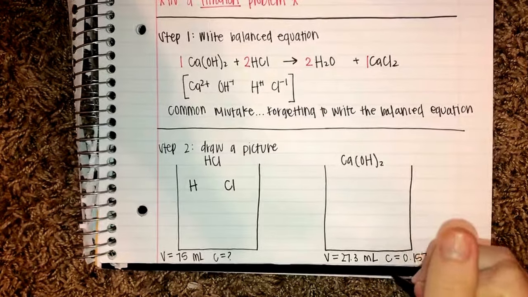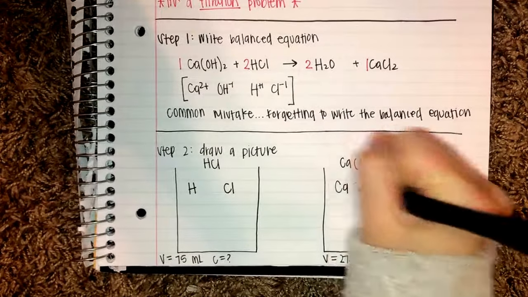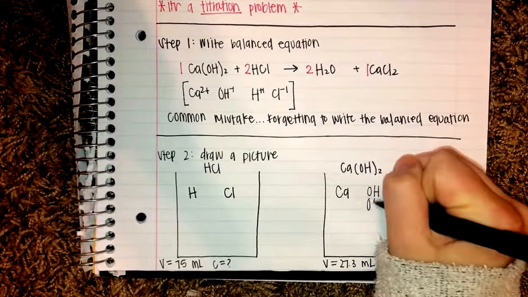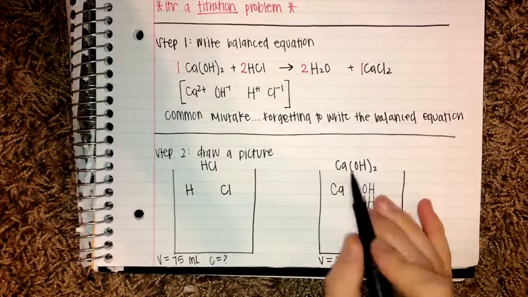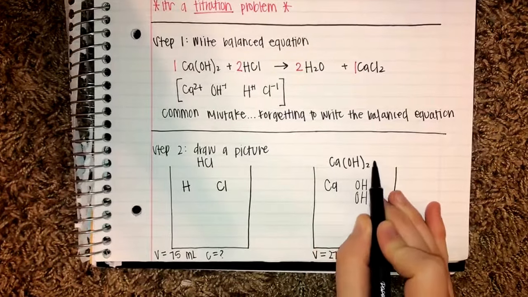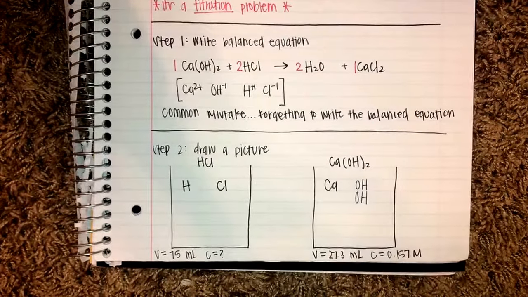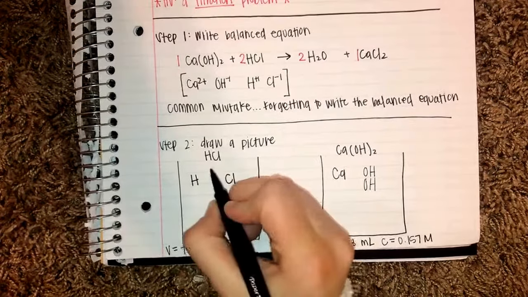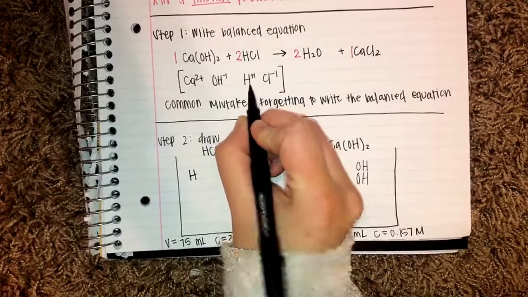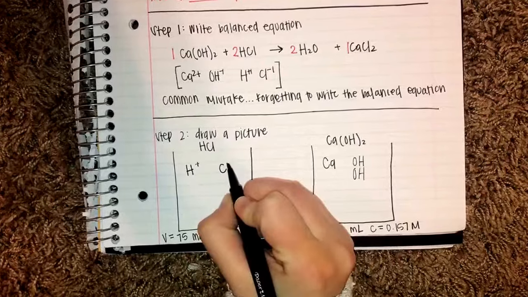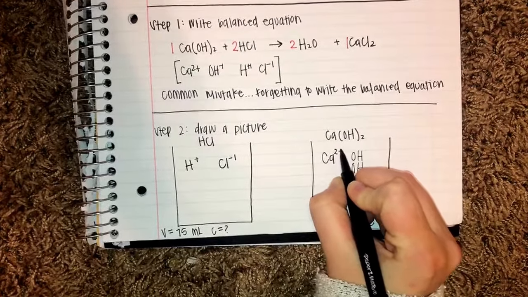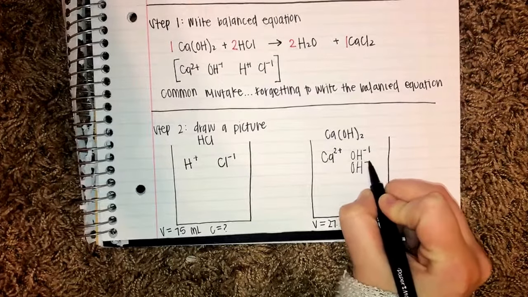Over here, we have 1 Ca, but 2 OH minuses, because for every 1 Ca, there are 2 OHs. So let's draw our charges. H is plus 1, Cl is minus 1, Ca has a plus 2 charge, and OH has a minus 1.